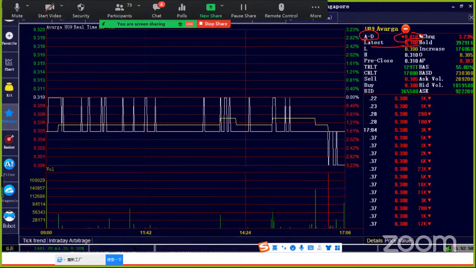So during the trading day, you will see the latest price keep moving. So the A and D is also keep moving. The A and D will show you the latest transacted price minus the closing price of the day before.